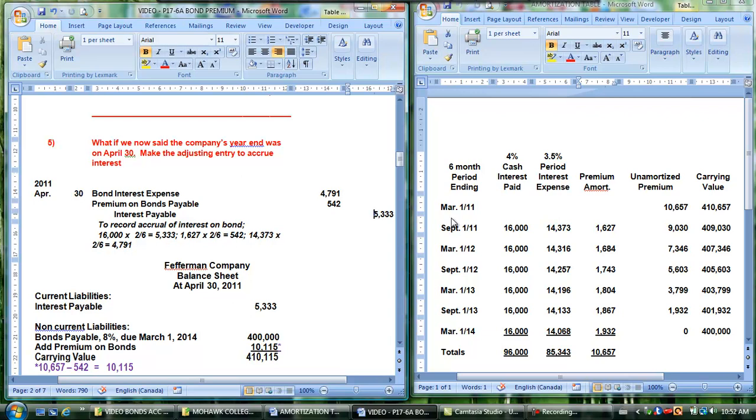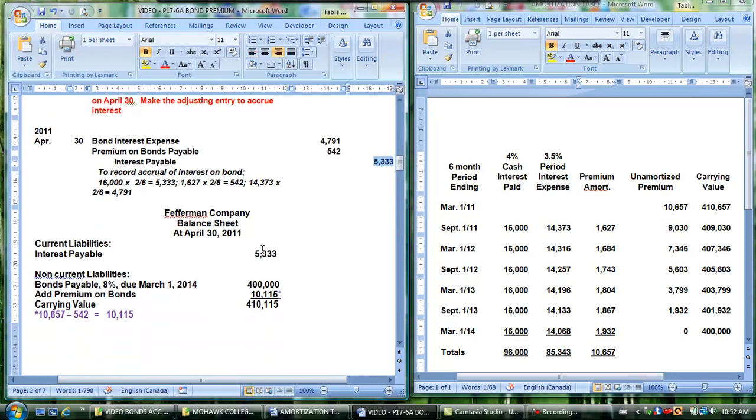So therefore, I'm going to take my $16,000 and set up a liability by multiplying that $16,000 by 2 over 6. Again, $16,000 is the interest I would pay out for 6 months, but I only want to set it up as a liability for 2 months. Okay, so that I can make my accounts on my balance sheet right for the year end. So therefore, I'm going to have $53.33.